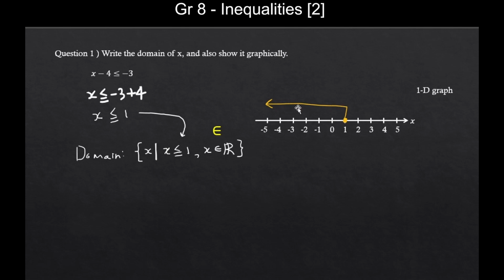So any region in here. That's what I'm indicating right now. So any number smaller than or even equal to 1. This is how we show domain graphically. Simple enough.